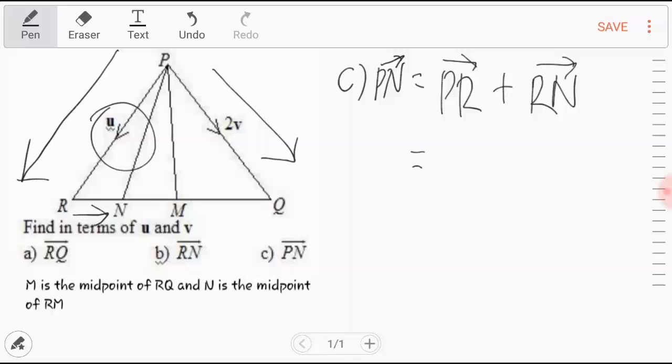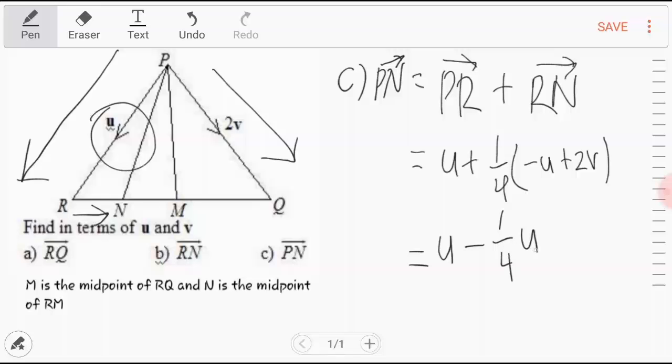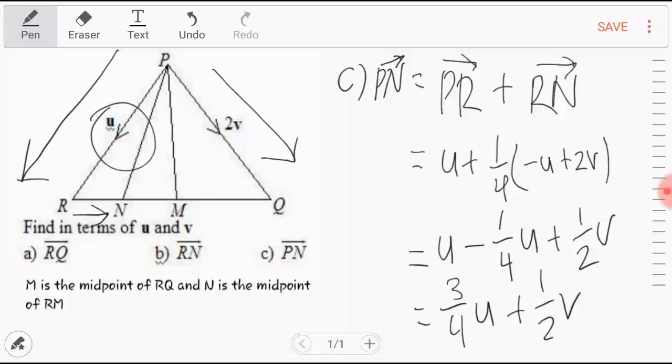PR is equal to u, plus a fourth of minus u plus 2v. So it will be u minus a fourth of u plus a half v. So the answer will be 3/4 of u plus a half v.